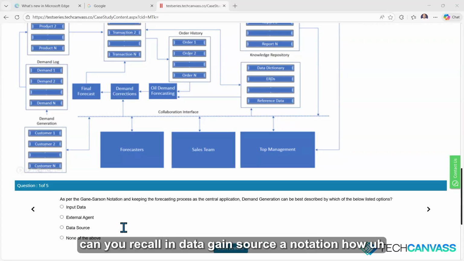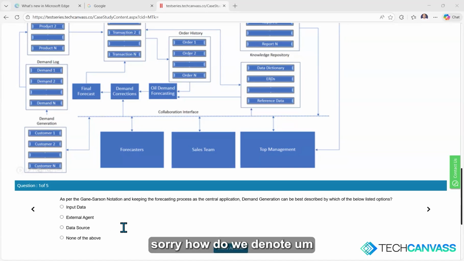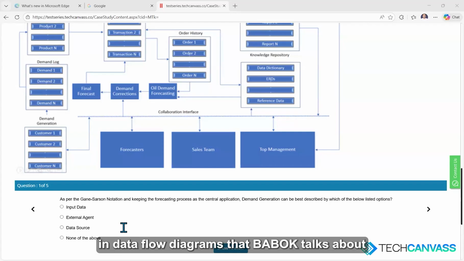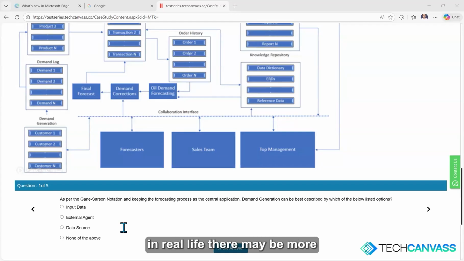Do you remember, can you recall in the Gane-Sarson notation, how do we denote the data store? The data source. We have two notations in data flow diagrams that BABOK talks about. In real life, there may be more.